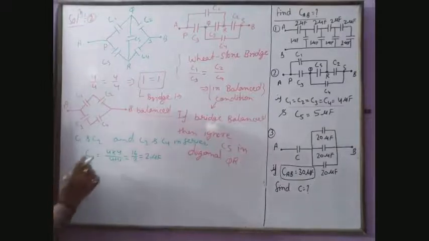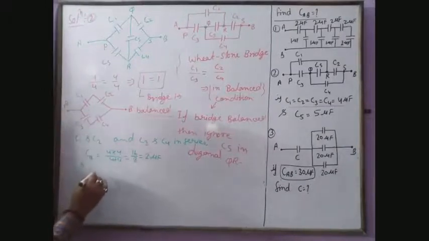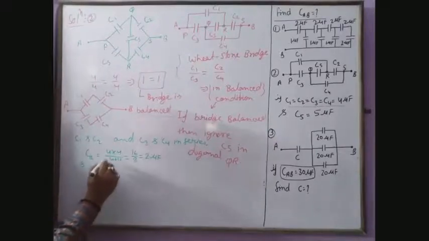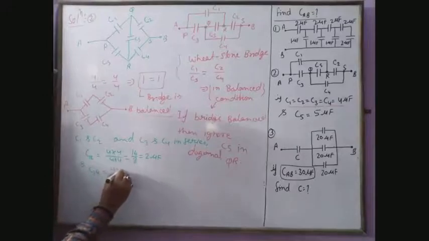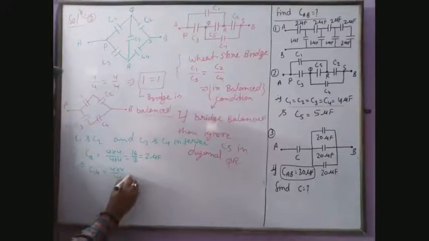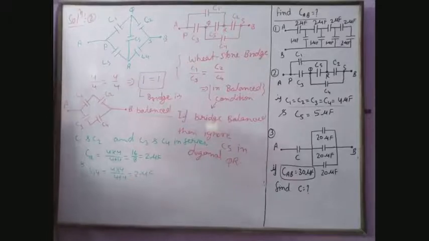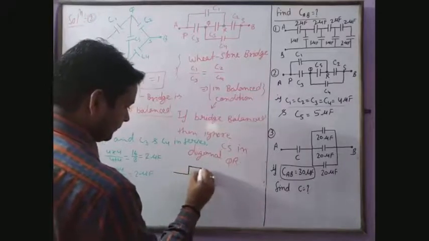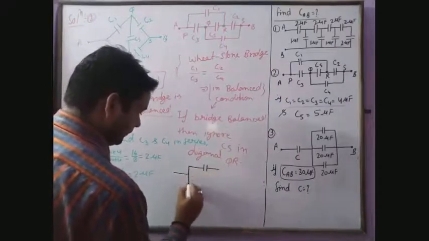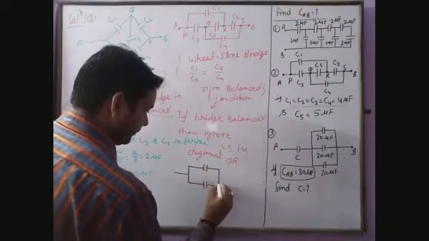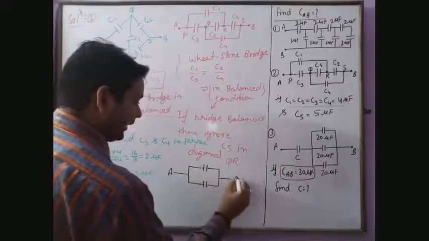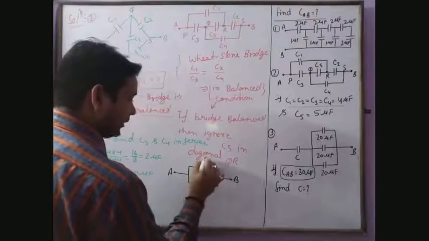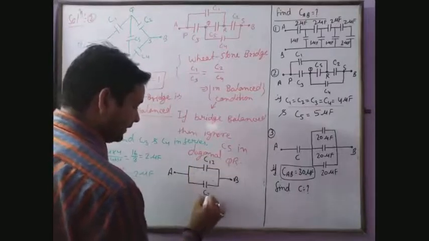And C3 and C4 is 4 into 4 by 4 plus 4, which is 2 microfarad. Okay, now the result is reduced to A and B. Here this one is C12 and this is C34.